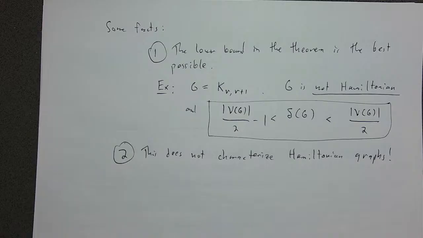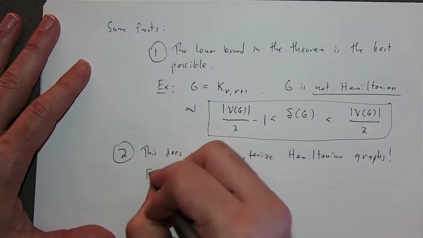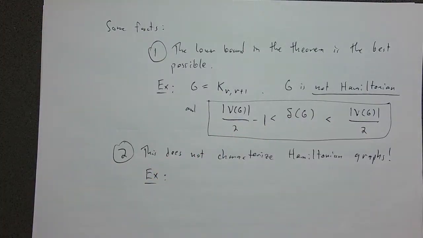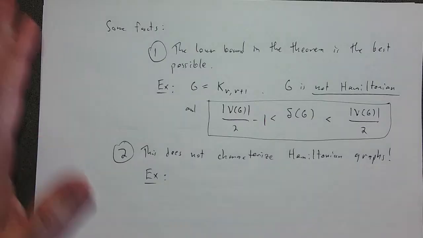For a Hamiltonian graph, we know that's not the case, but even this bound itself is a little silly when you look at some of the possibilities here, right? So, what about the cycles?